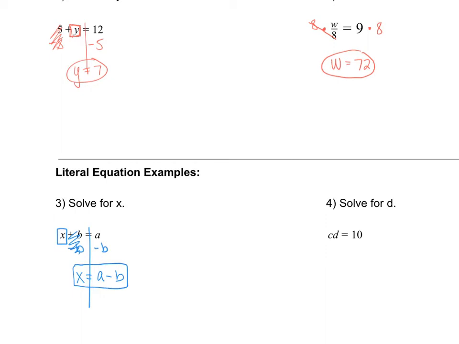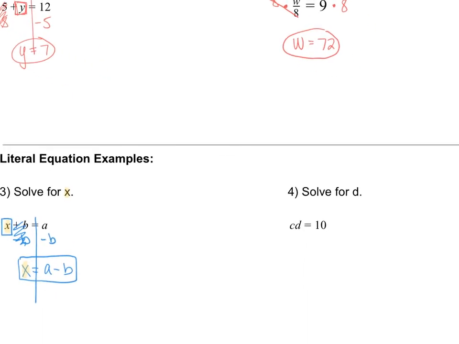So really I'm not solving anything necessarily. I'm just moving things around to get that variable by itself that I'm looking for. In this instance, I wanted to get the x by itself. I asked for the x, so I got that x by itself, and so my final answer is just x equals a minus b.